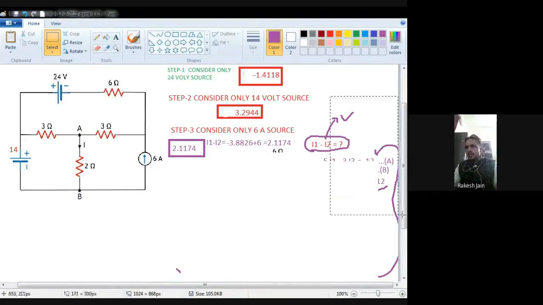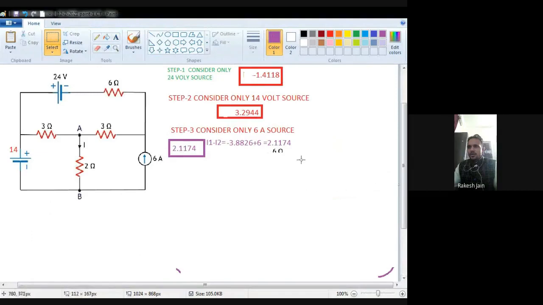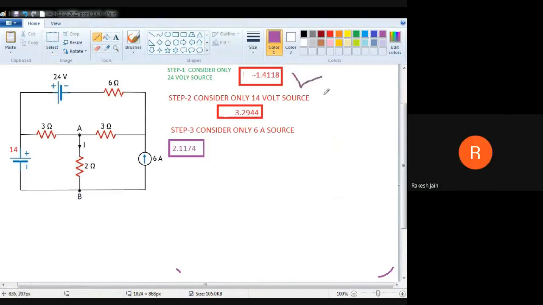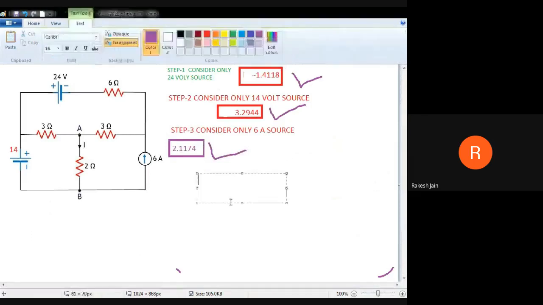Okay. Now I have to solve these two steps. Now see very carefully. Multiply by 3, that is 15I1.